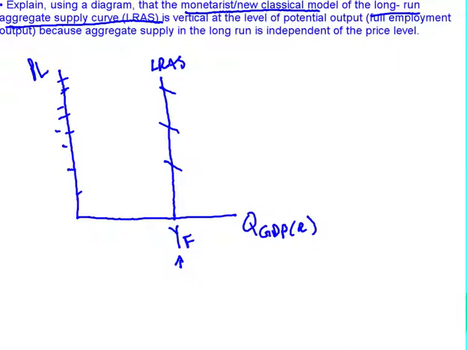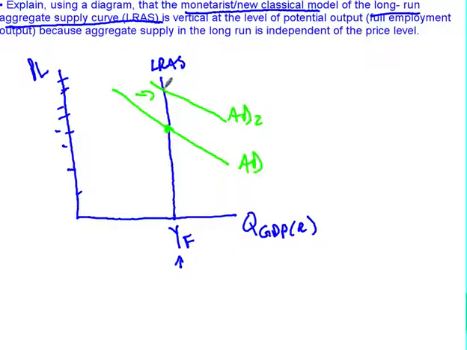Now, one other thing, and we'll be talking a little bit more about this later, what if we draw in the aggregate demand curve? I'm skipping ahead, but I just want to make this point. So here's the aggregate demand curve. What happens if aggregate demand goes up? Increased government spending or something. What's going to happen to the total output under this new classical model?